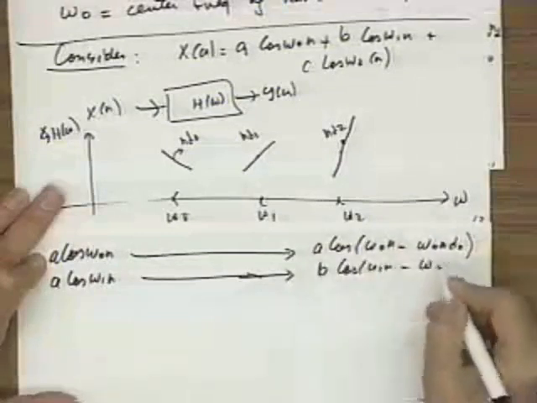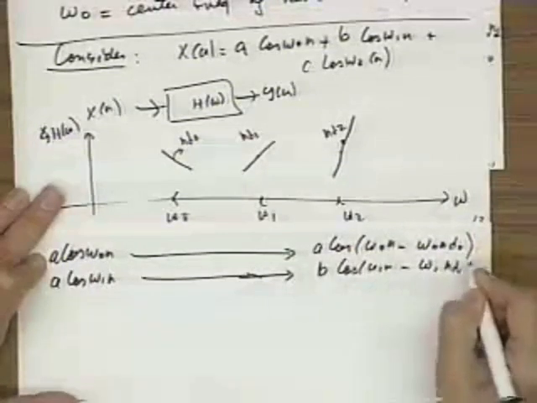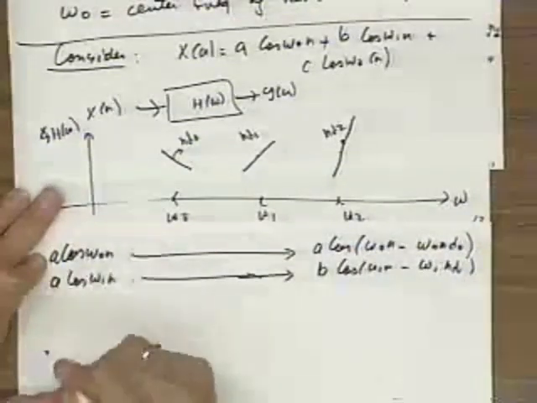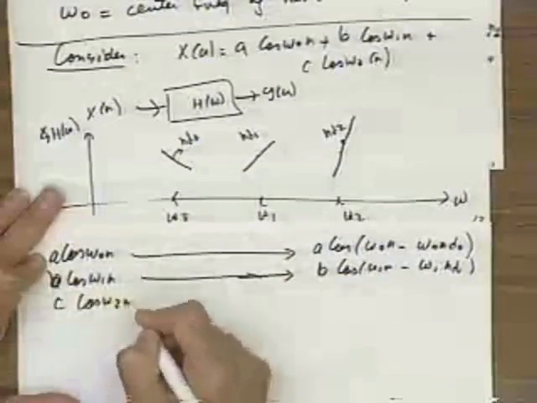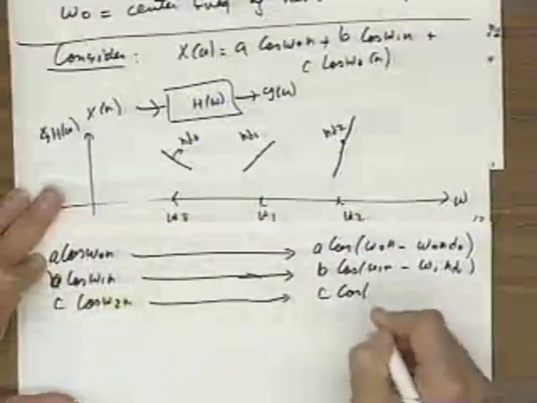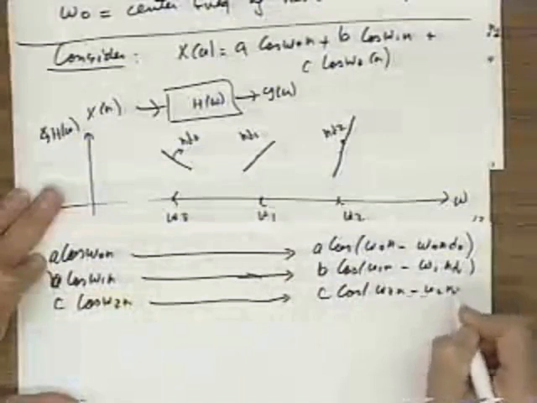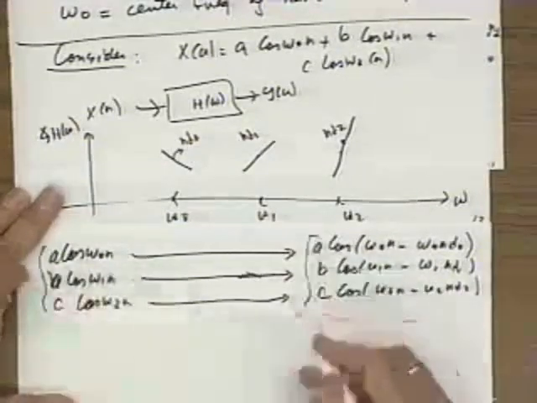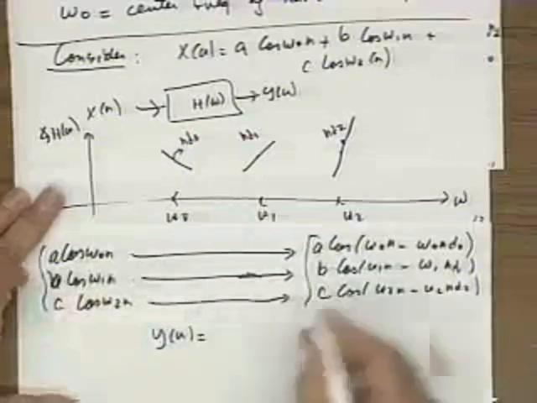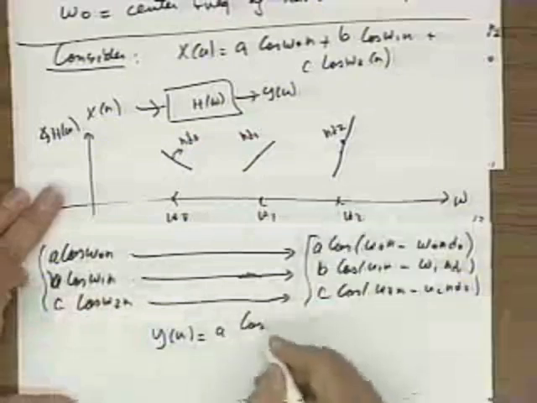And a cosine omega 1 n comes out with a different amount of delay. Here I'm assuming that phi is equal to 0. So it will be b times cosine omega 1 n minus omega 1 n d1 coming out, and then c times cosine omega 2 n minus omega 2 n d2.